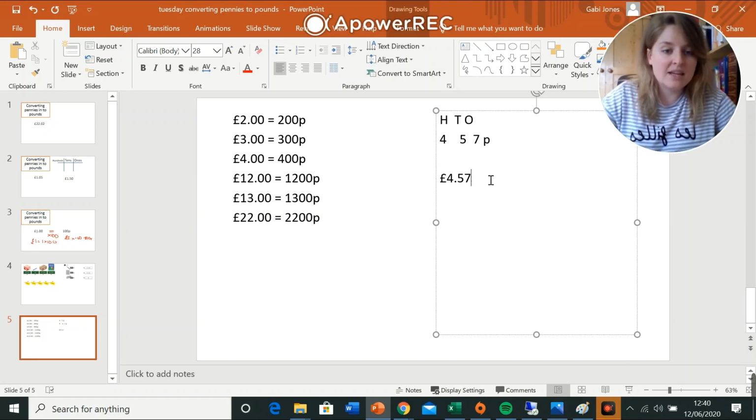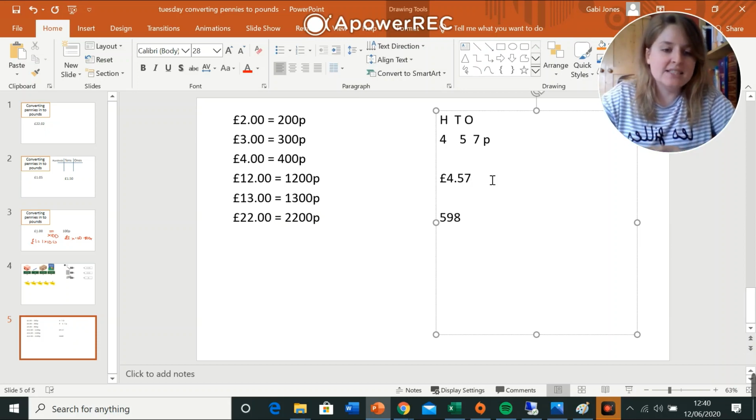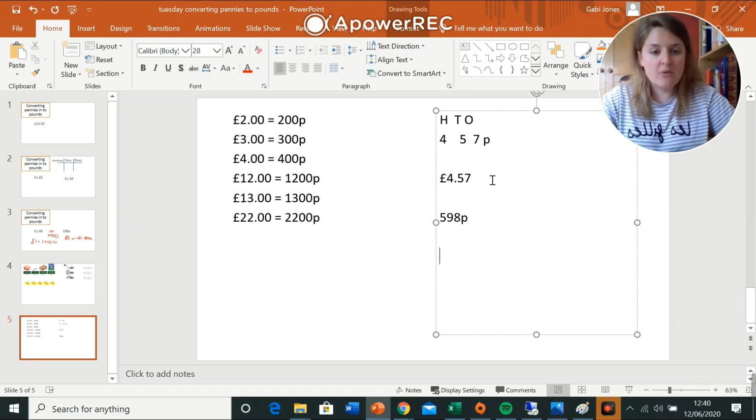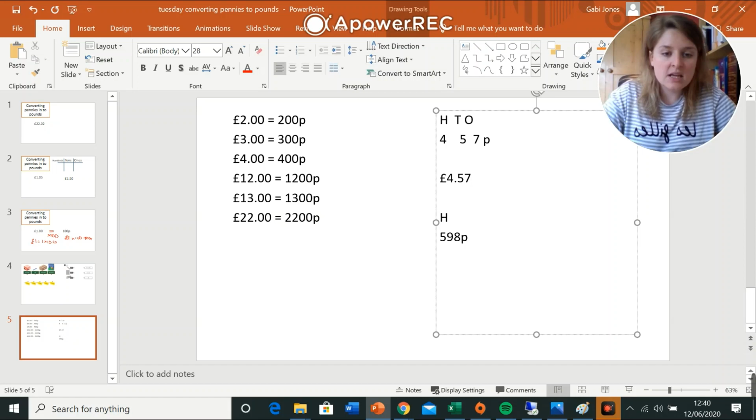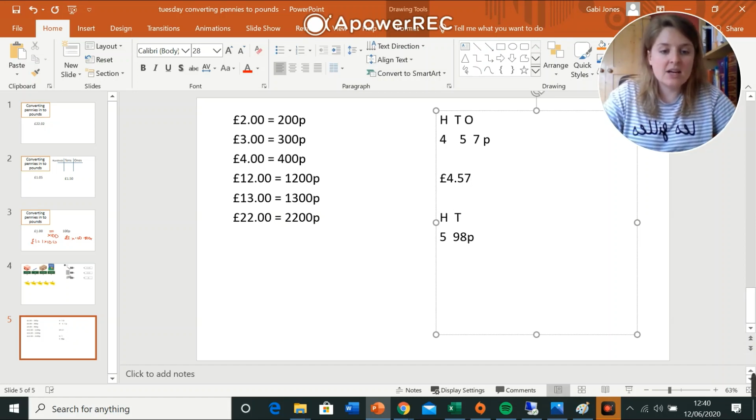Let's look at that with a different number. Let's have a look at 598 pence. So again, let's put this into a bit of a place value. I've got my hundreds, I've got my tens, and I've got my ones.